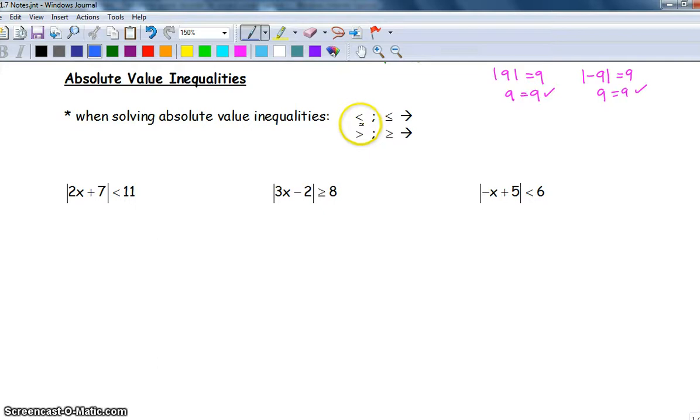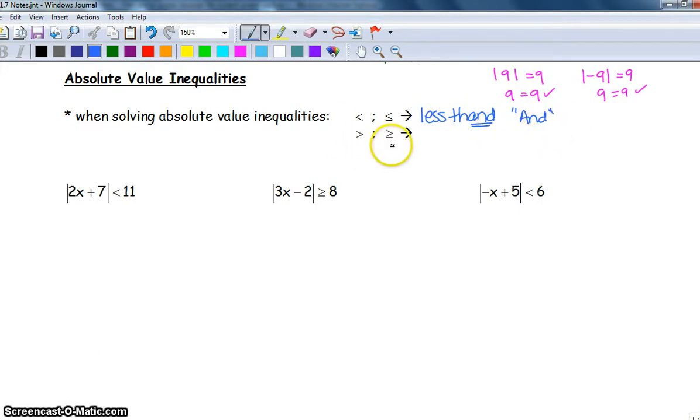If you have a less than or equal to sign, just think "less than," and we're going to fudge that a little bit, and this is going to be an "and" compound inequality. So anytime you have a less than or equal to, it's "less than," and you have an "and" compound inequality.